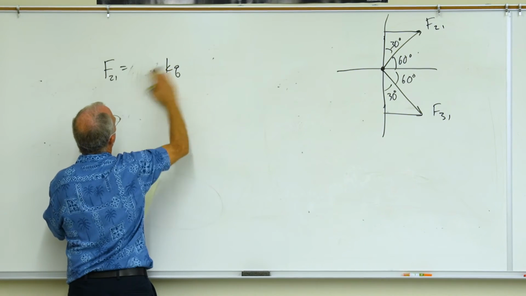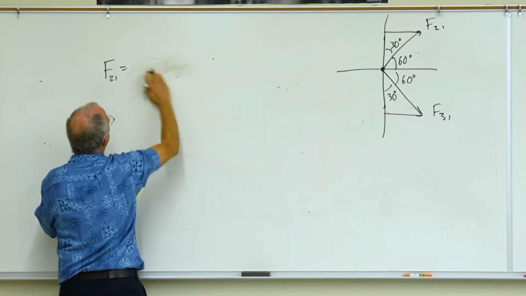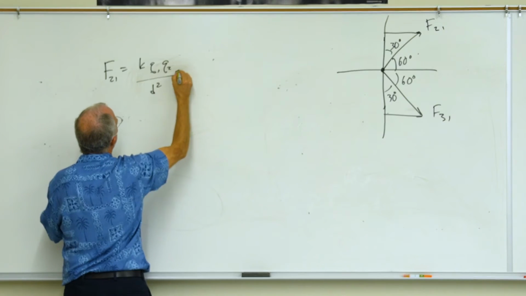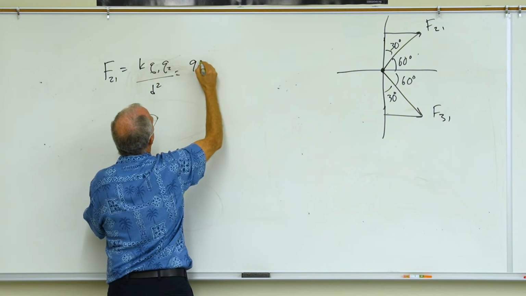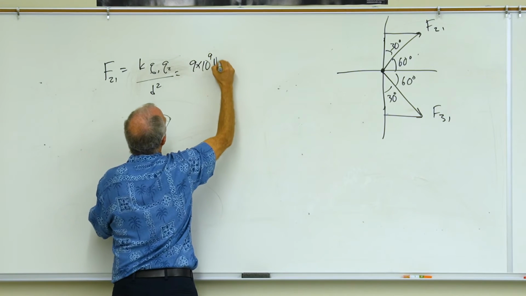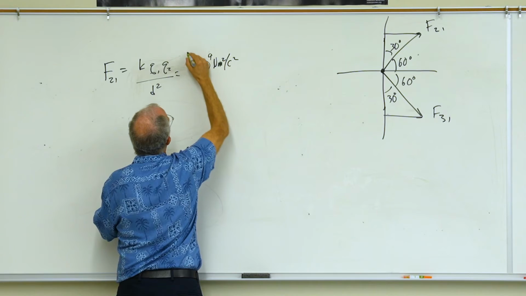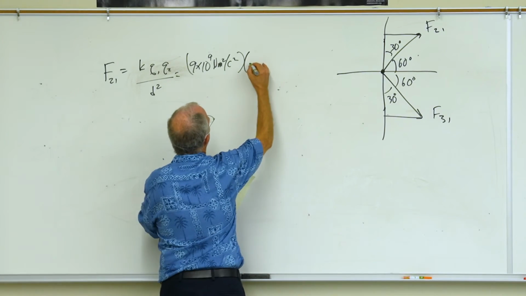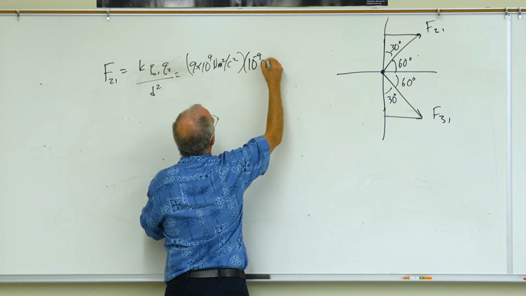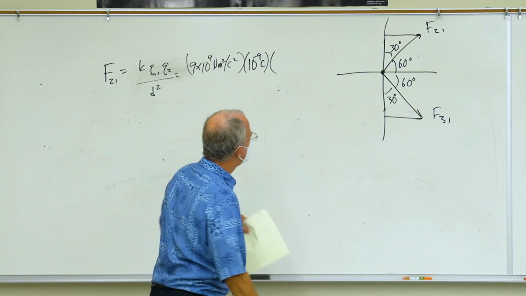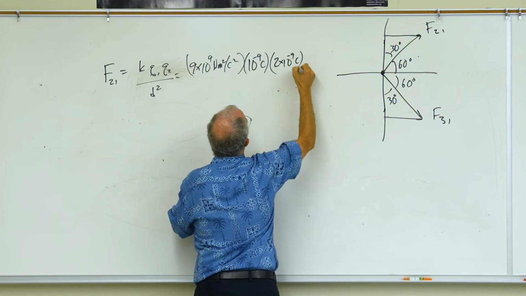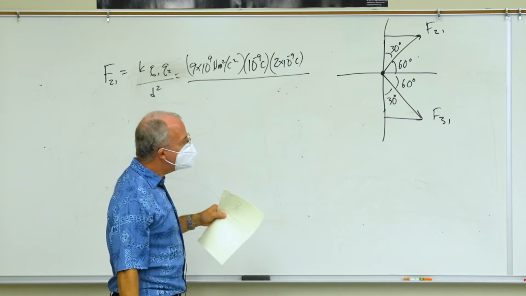So F21 is the same as F31. Let me just do F21, so I don't have to keep writing things. F21 is K, Q1, Q2 divided by distance squared. So here you go, 9 times 10 to the 9th newton meter squared per coulomb squared. Q1 is 10 to the minus 9. Q2 is 2 times 10 to the minus 9. And what's the distance?